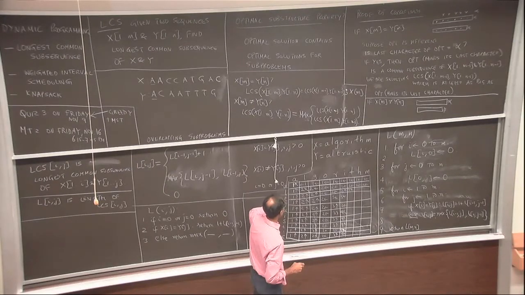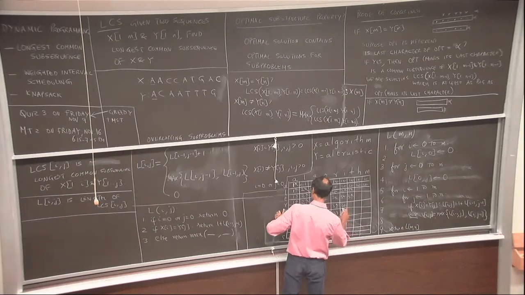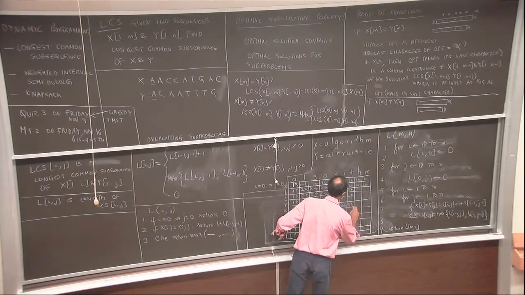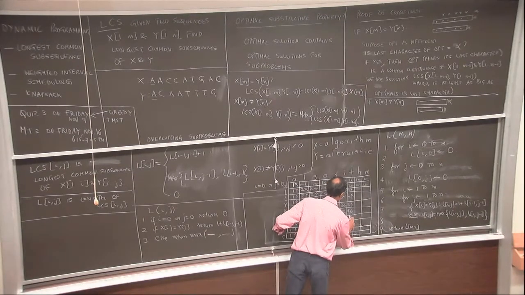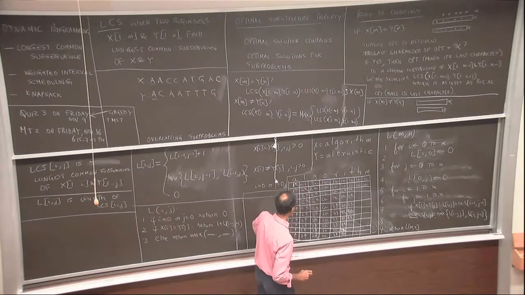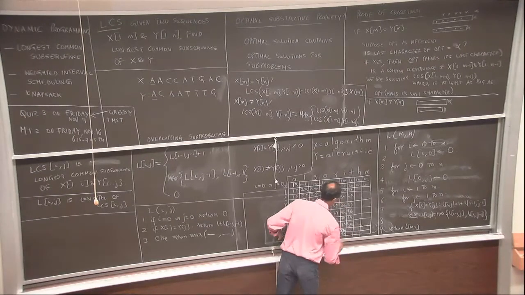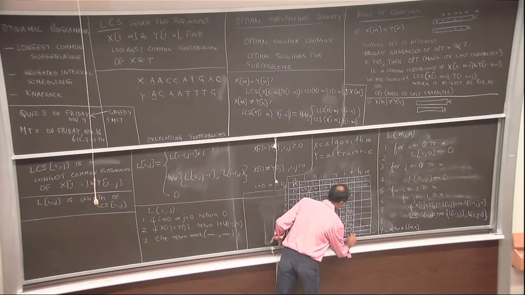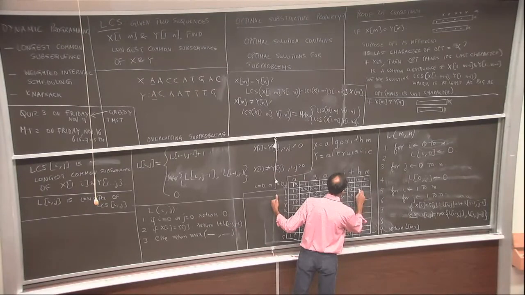T and T, they do match. R and T, they do not match. T until this point, 4. S. Okay. T and T, so 5. I does not match. H does not match with anything, right? And M does not match with anything. So it'll just take the maximum.